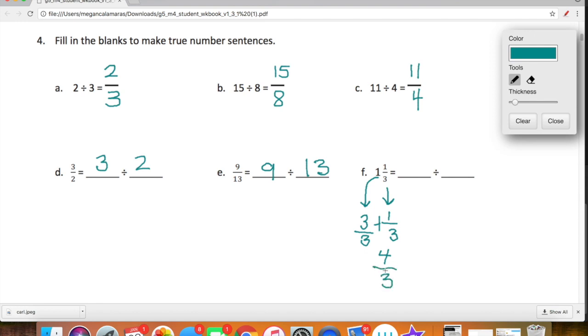So 4/3 and 1 1/3 represent the same amount. So 1 1/3 is equal to 4 divided by 3, because 1 1/3 is equal to 4/3.